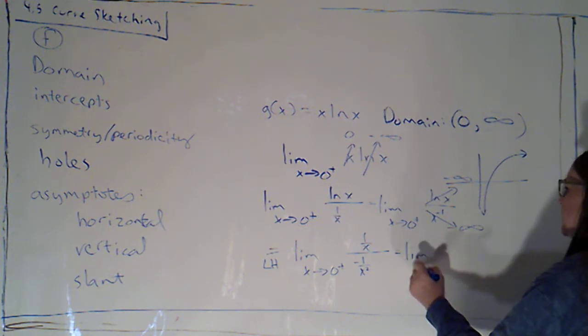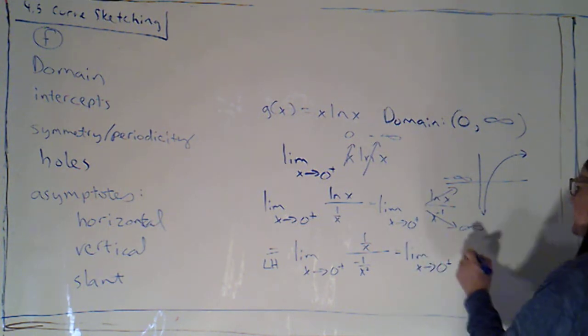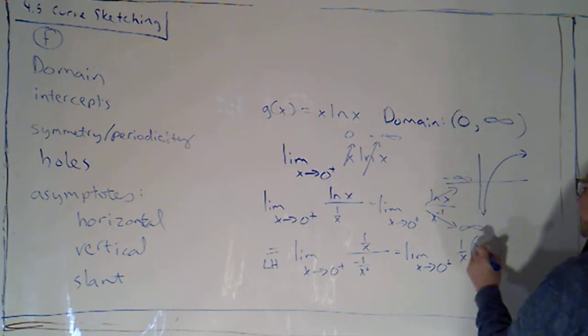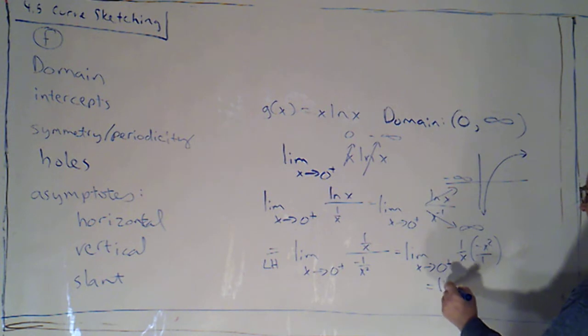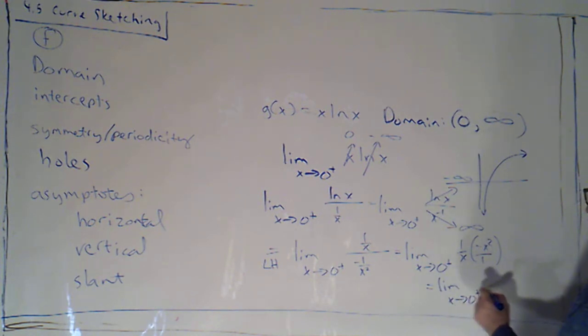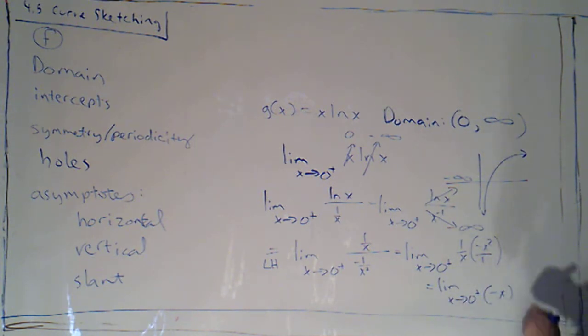Let's see, that's the limit as x goes to 0 from the right of 1 over x times negative x squared over 1. That's the limit as x goes to 0 from the right of negative x, which would just be 0.